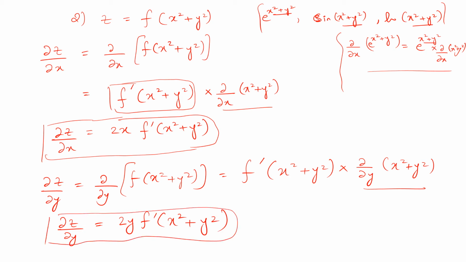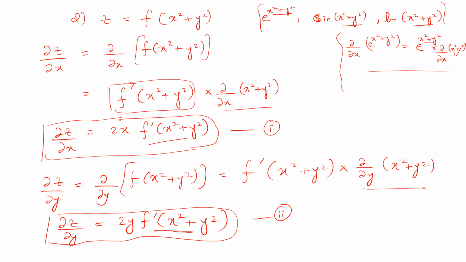Now what we have to do is remove this arbitrary function, this f prime of x squared plus y squared, because we don't know what it actually is. To remove this, let's say this is equation number 1 and this is equation number 2, and if I divide equation number 1 by equation number 2, I can cancel f prime of x squared plus y squared.